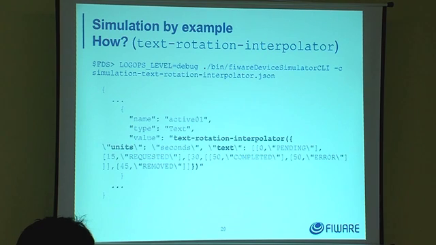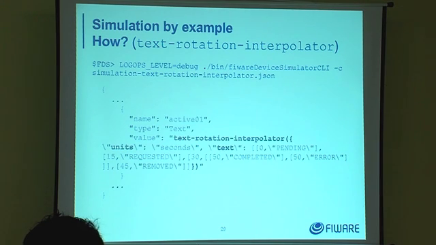As I mentioned before, there is also the possibility to generate textual data. For example, this is the interpolator we use in these incidences simulation as a way to make the incidences evolve through states.